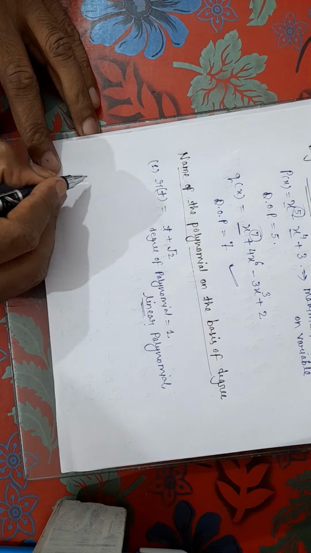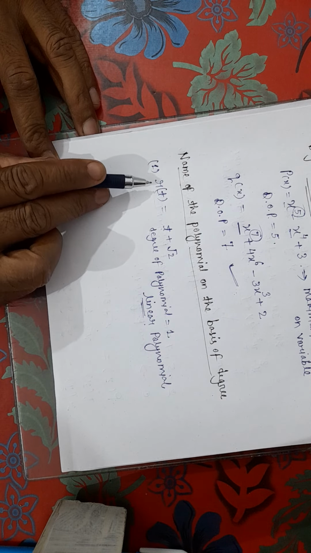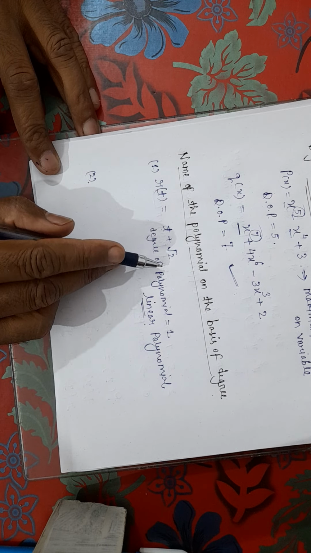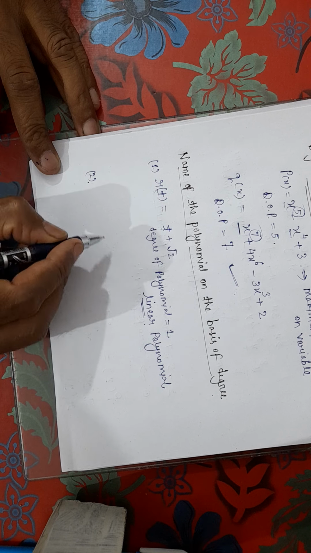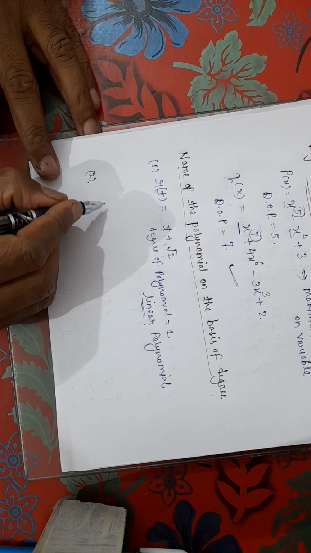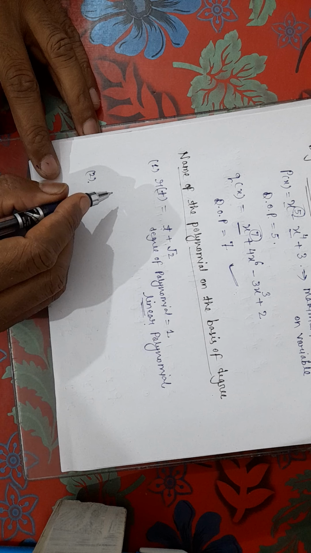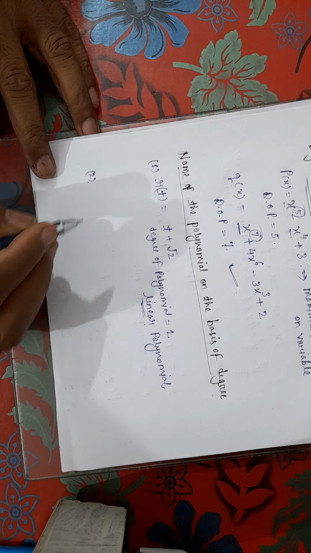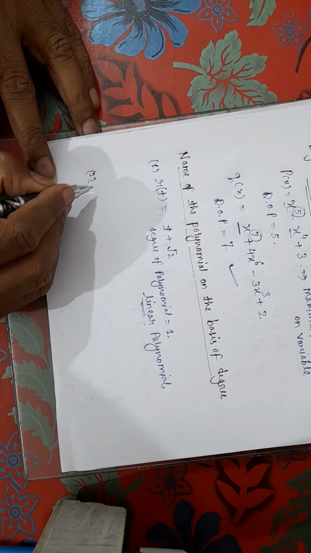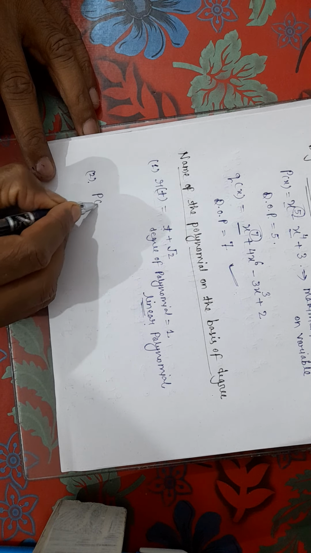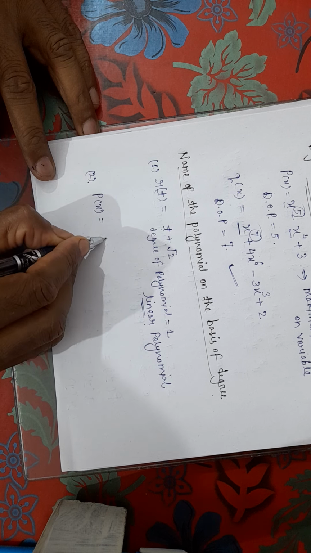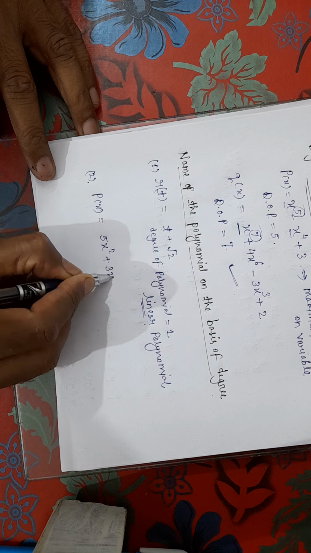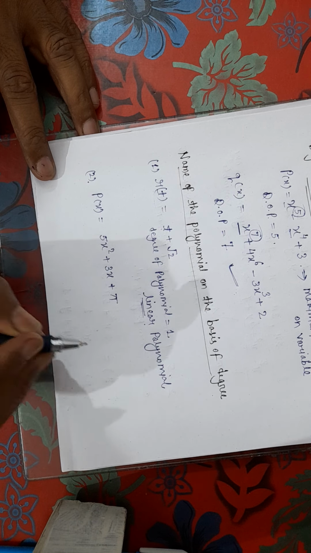This is first thing. Second, a polynomial having degree 2 is known as a quadratic polynomial. For example, p(x) equal to 5x square plus 3x plus 5.